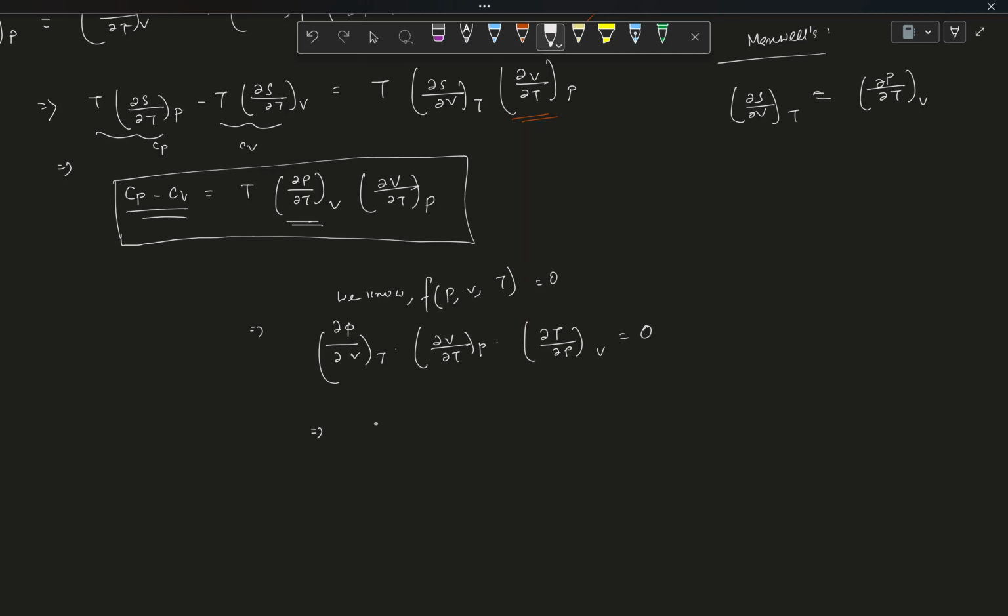So from here you can say that your del P del T at V constant, which is this term, and this is the inverse when you are taking it to the other side, so this is equal to minus del P del V at T constant.